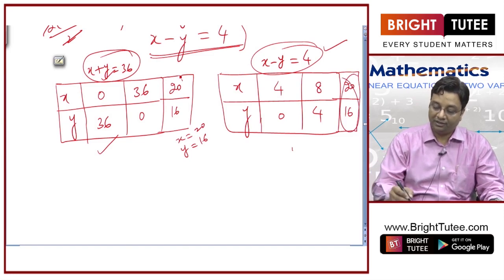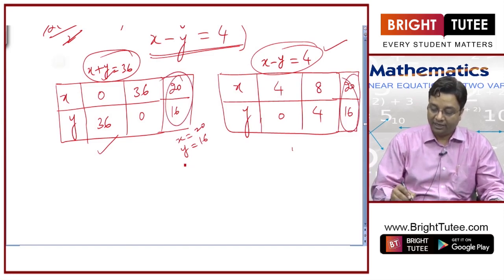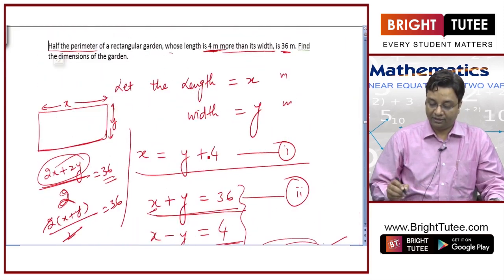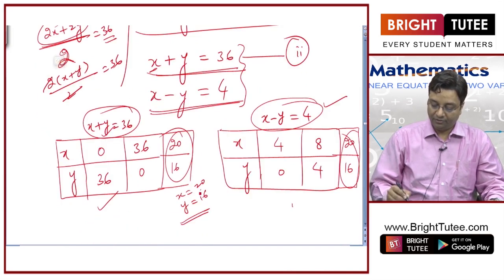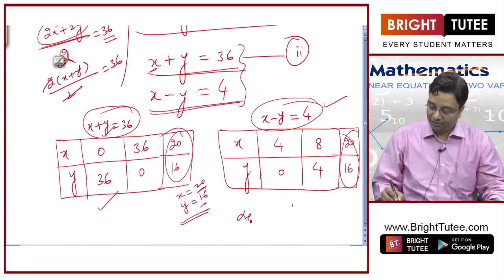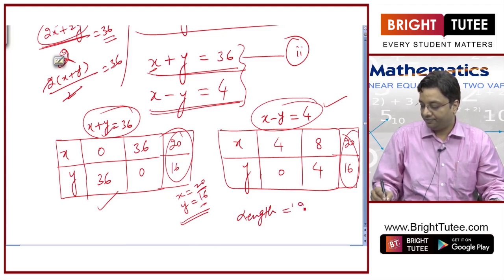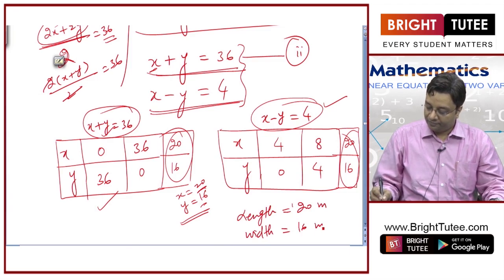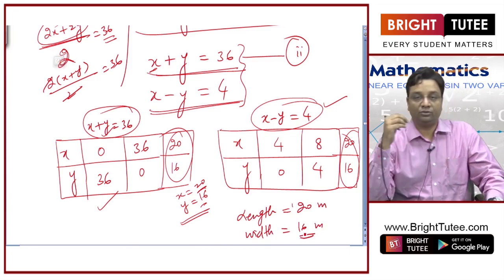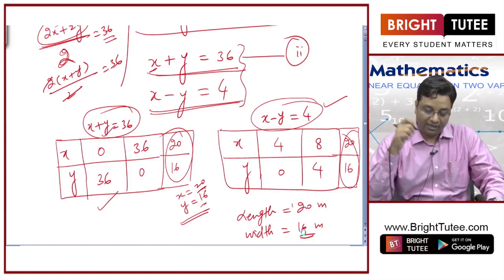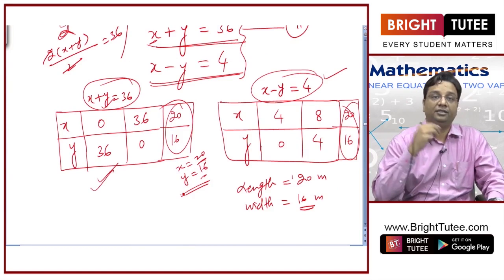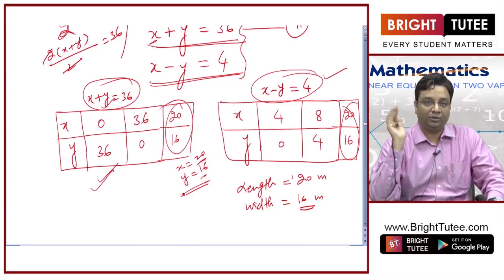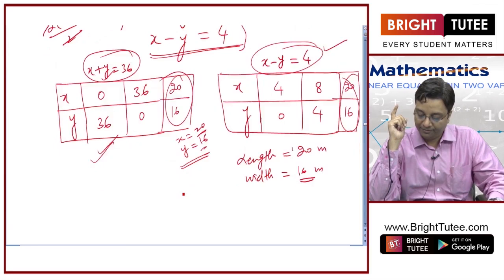So this point will serve as your solution, and the answer will be length 20 meters and width 16 meters. But the purpose of this question is to solve it graphically. So I suggest after you make this table, you just plot these points on a graph and see the point of intersection will be 20, 16. Okay.